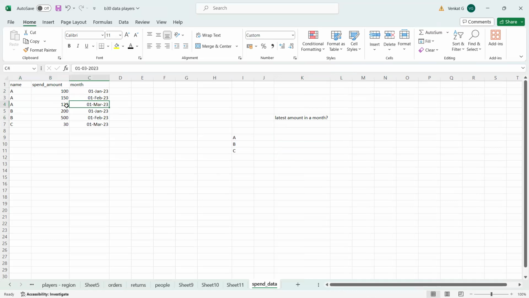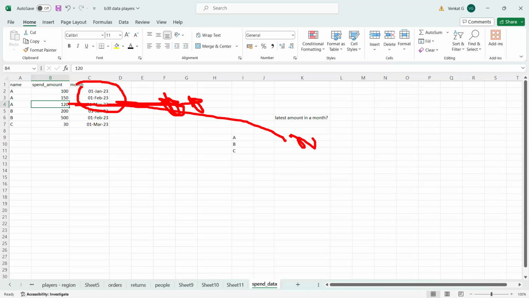So I have to show the latest amount spent by person A. While calculating this amount, I have to consider the month column, take the latest month, and corresponding to the latest month, what is the total sales? 120. I have to show that 120 here.